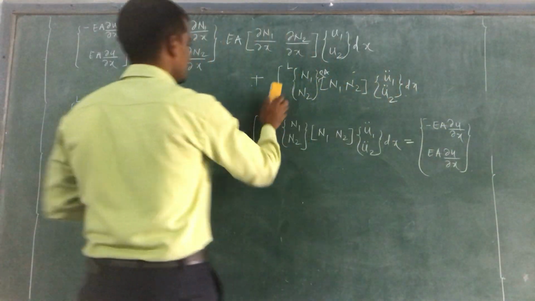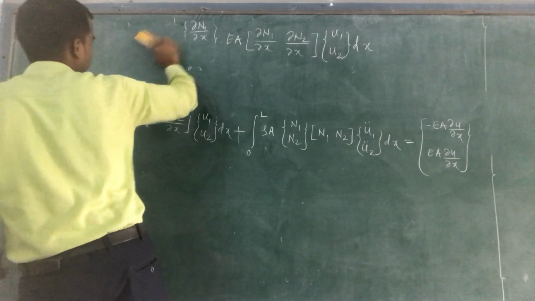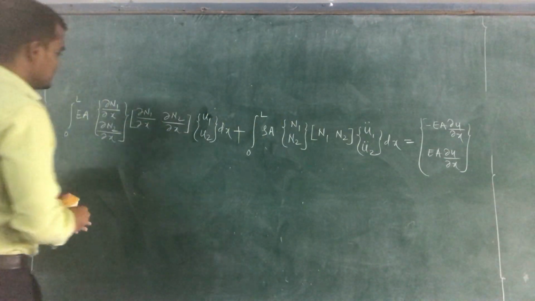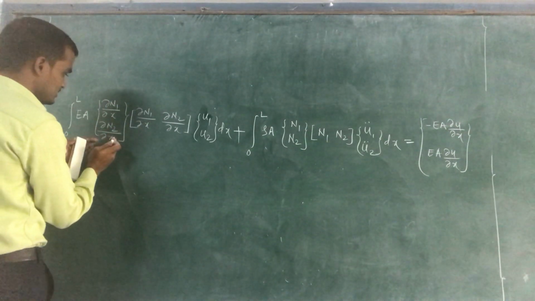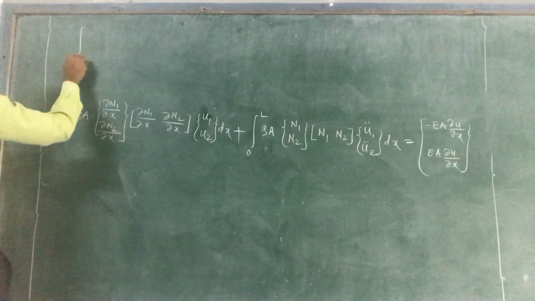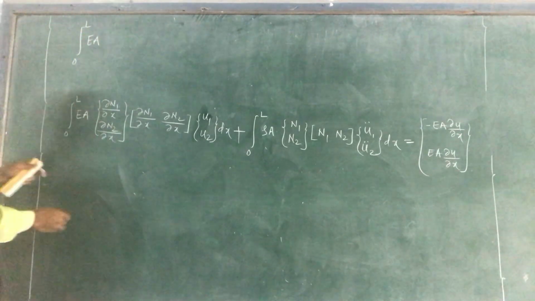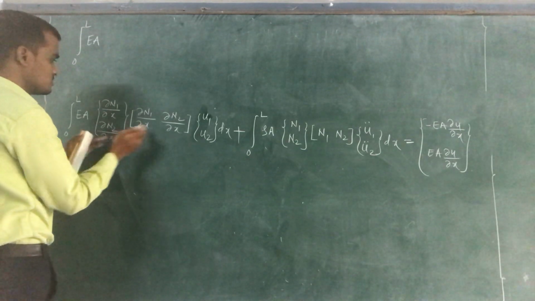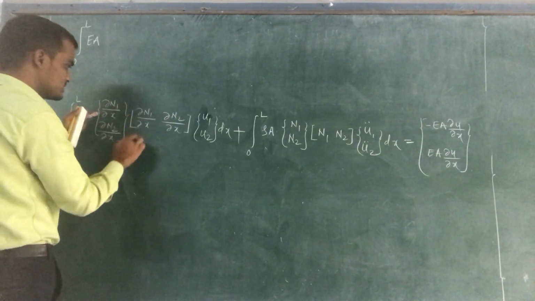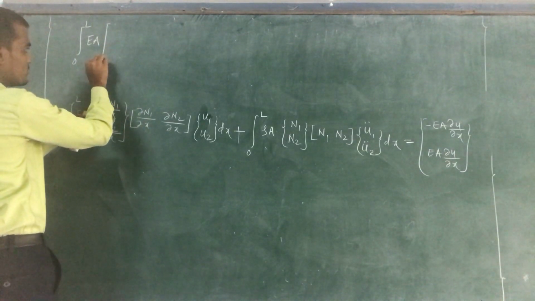Now we need to simplify these matrix terms, that is, multiply these matrices to solve the equations. If we multiply this matrix into this matrix, we will get integration 0 to L EA times a 2 by 2 matrix. This row into this column gives ∂N1/∂x into ∂N1/∂x.